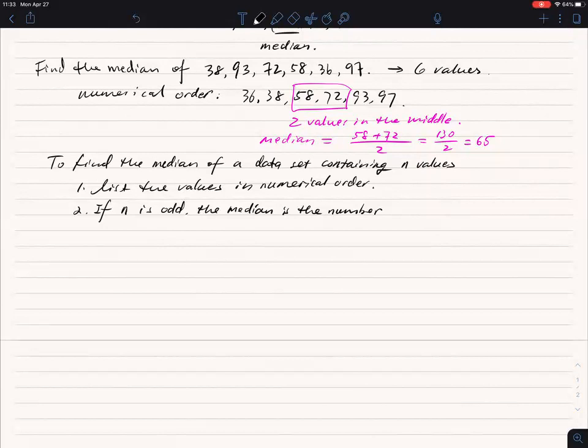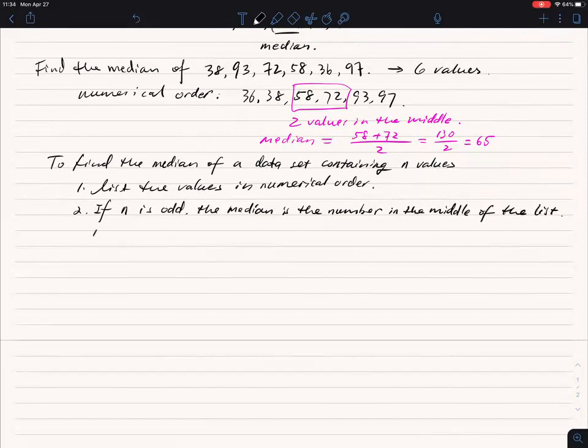Okay, so we're talking about statistics. We're talking about mean and now median. So you didn't miss much. I suppose you already know this. So if n is odd, then the median is the number in the middle of the list. And there's only 1 in the middle, right?